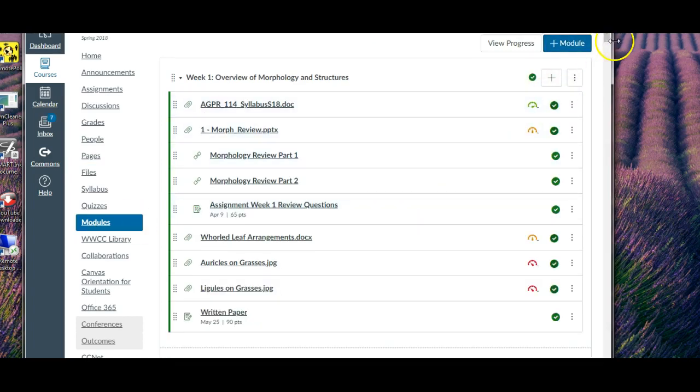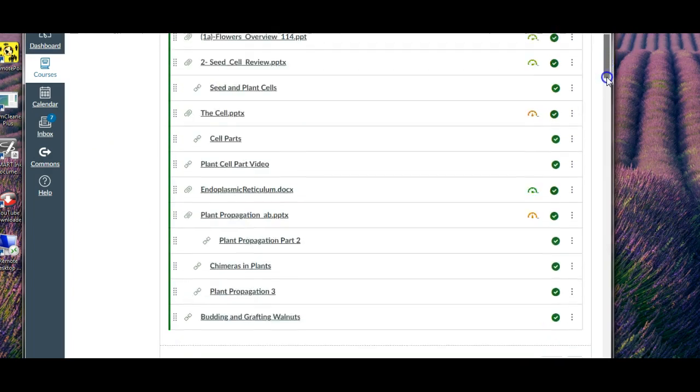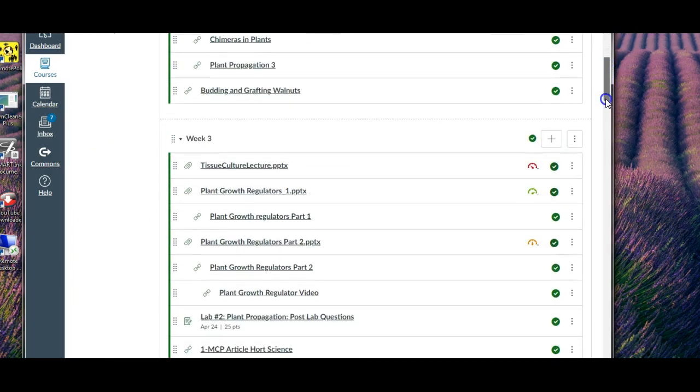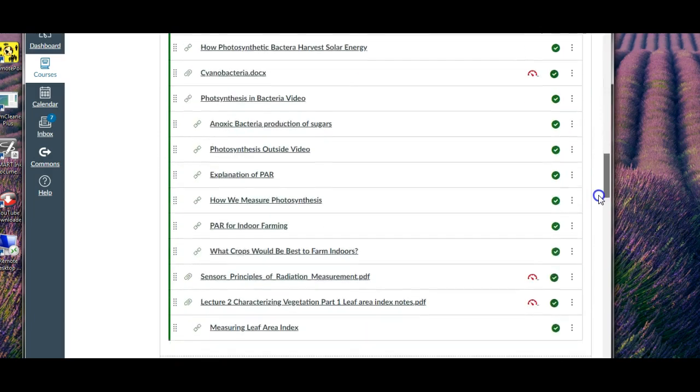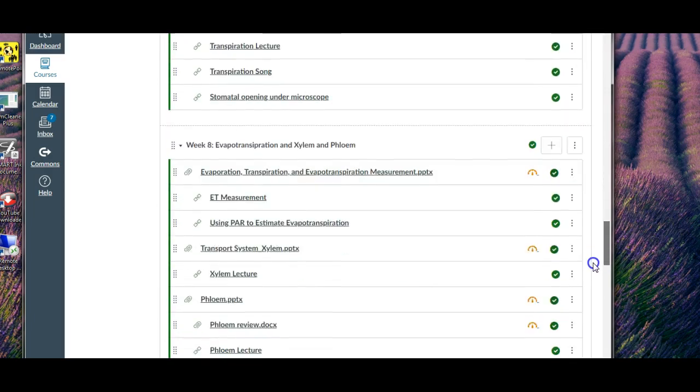Let me see if I scanned this wrong too. I apologize if you're missing that one page.